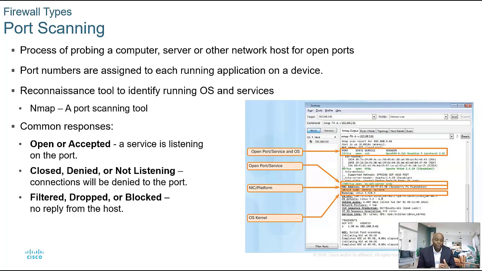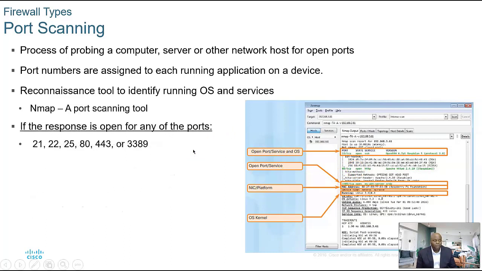The ports that we consider the critical ports, and I'm going to show you these ports, that's what I want you to focus on. As you can see, it gives you this information that's important about your network. But the ports that we consider the most critical ports are port 21, port 22, port 25, port 80. You should know the name of these ports.